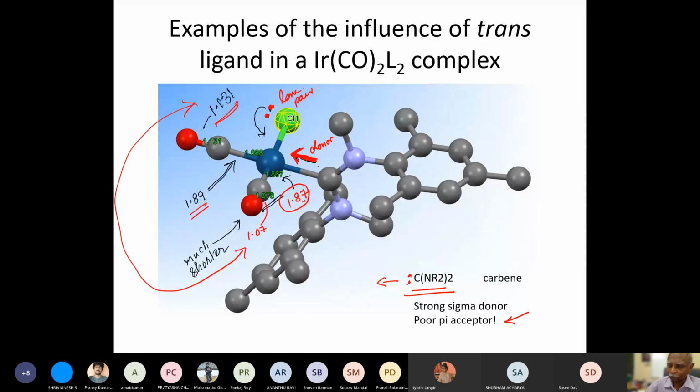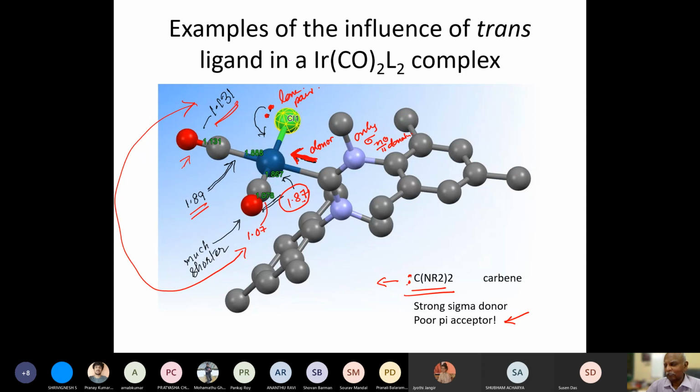Here, I have only the sigma, no pi donation. So this distance is longer, and this distance is shorter. So you have multiple effects here.